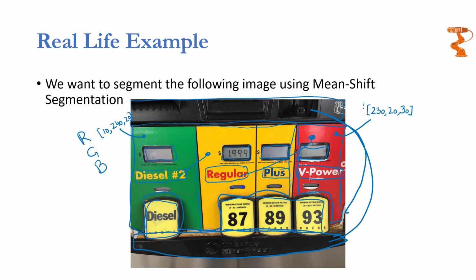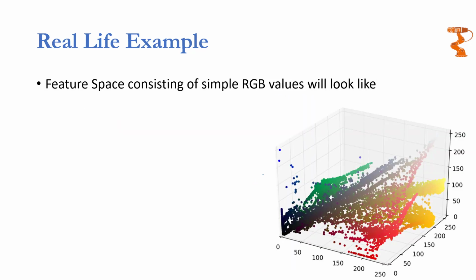For example, this red pixel is going to lie at the 230th location on the red axis, the 20th location on the green axis, and the 30th location on the blue axis. So we can have x, y, and z coordinates for the three-dimensional feature space, and this point is going to lie over here. If we plot all the points in a three-dimensional feature space, it will look something like this.